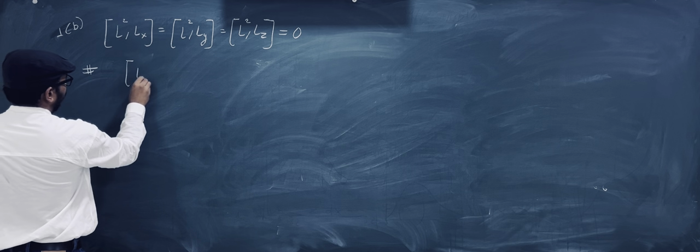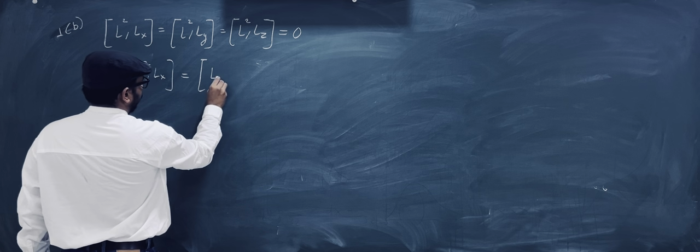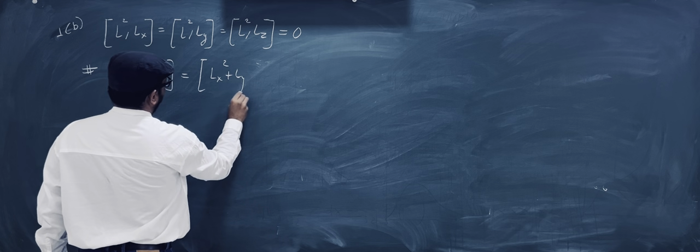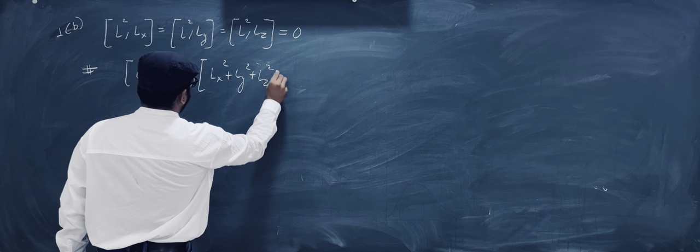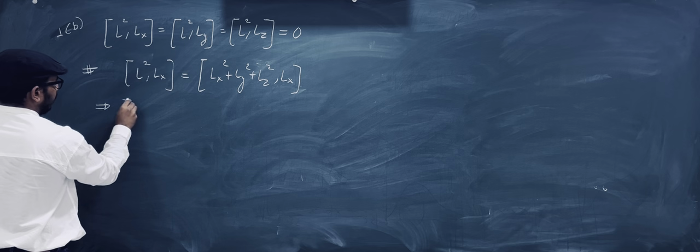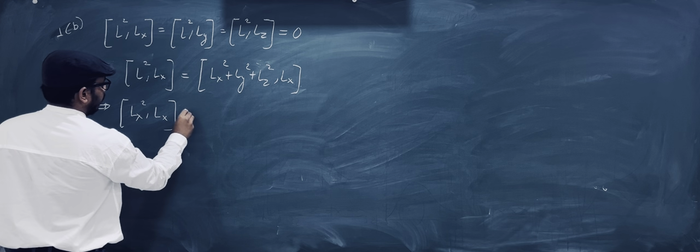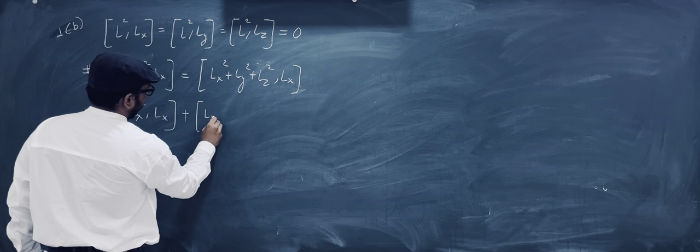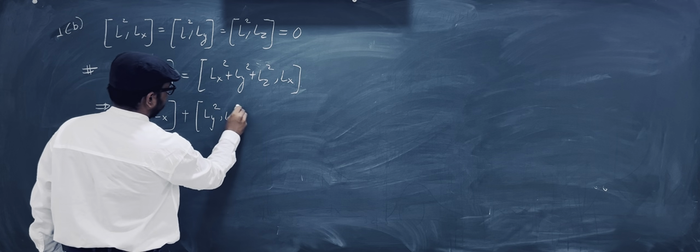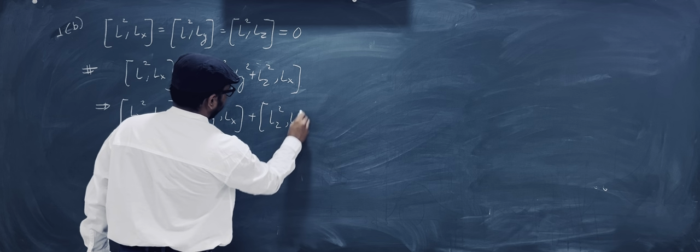So the commutator of L square with Lx can be written as Lx square plus Ly square plus Lz square with Lx, and this can be further written as Lx square with Lx plus Ly square with Lx plus Lz square with Lx.